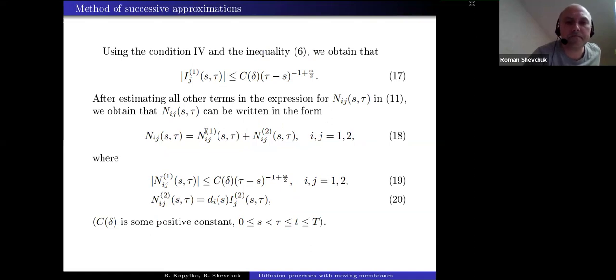And we can represent the kernels Nij as a sum. This bad term without weak singularity Nij2, and all the rest of the expression for Nij, which admit the inequality 19.